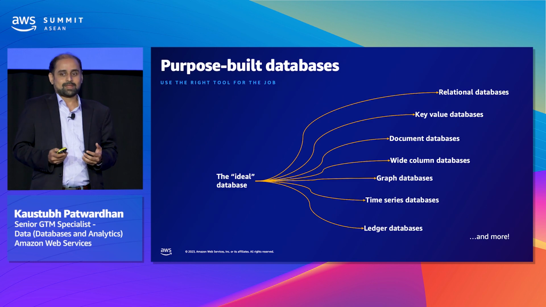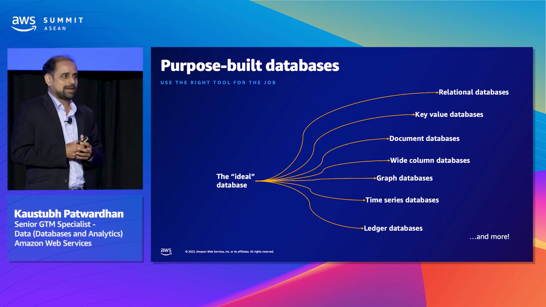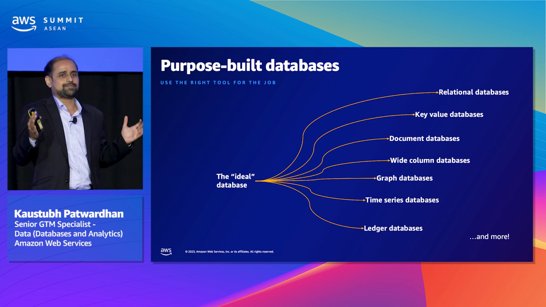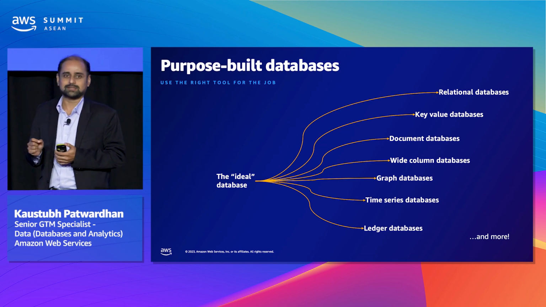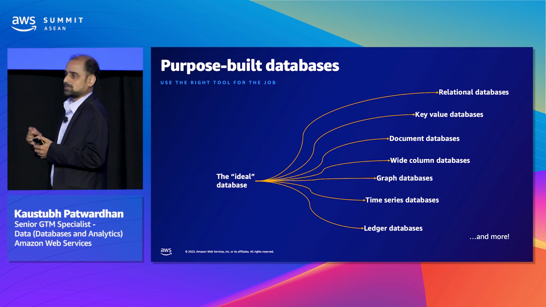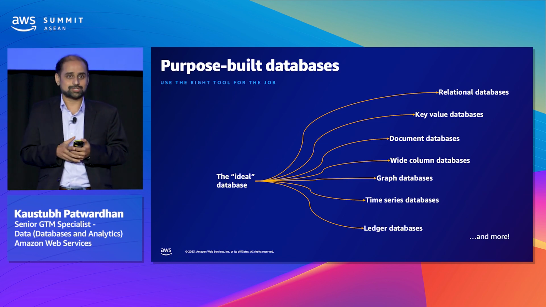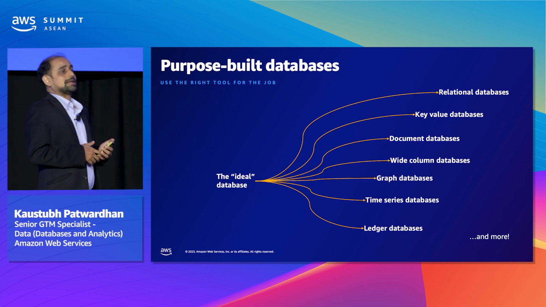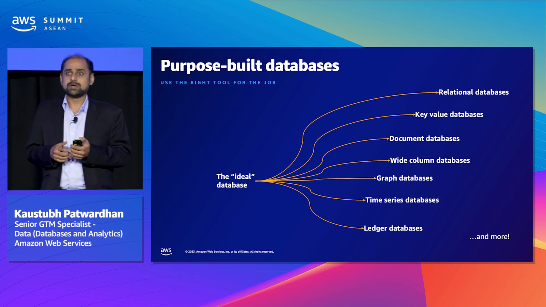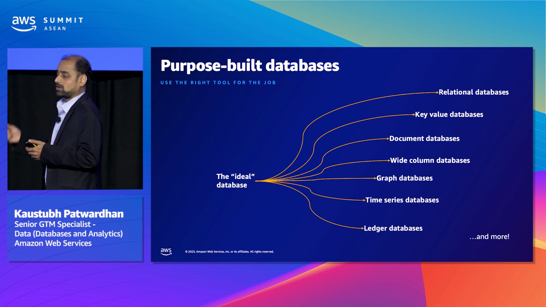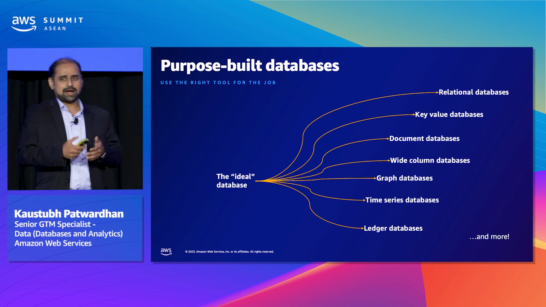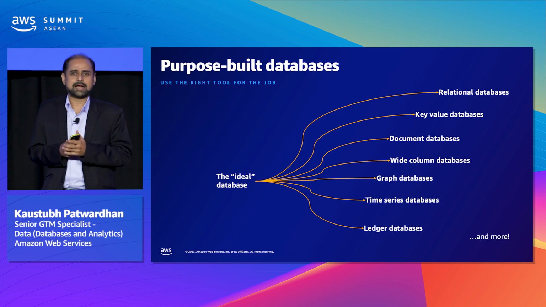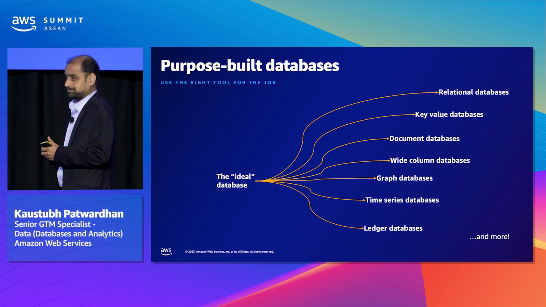So if we look very closely at all this plethora of databases and data stores, actually it's not that complicated. There are very few access patterns that emerge through this plethora of database or data store solutions. The most common being the relational databases that we all know. But there are key value stores, there are wide column databases, there are connected data stores, you have ledger databases, and these very particular hand-picked data access patterns that emerge.